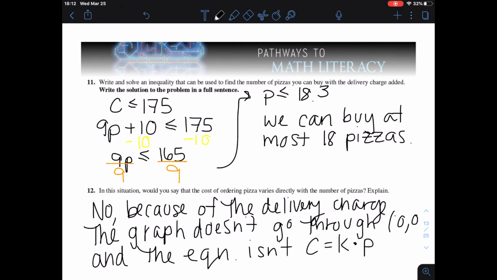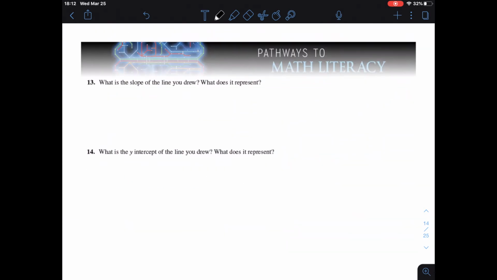So we have that extra fixed fee. Right. Well, let's go ahead and try to calculate the slope again. Now we have the point when we buy no pizzas. It costs $10. And if you pick another point, say 10 pizzas, the cost is $100.